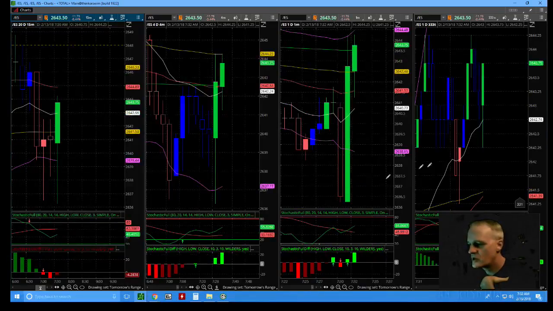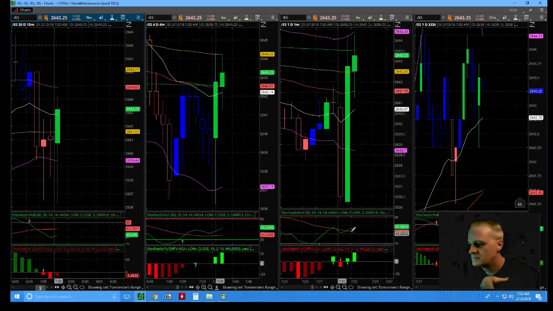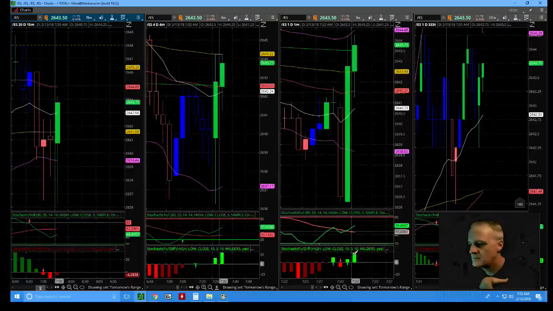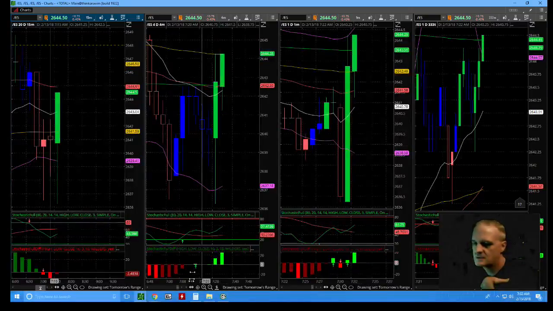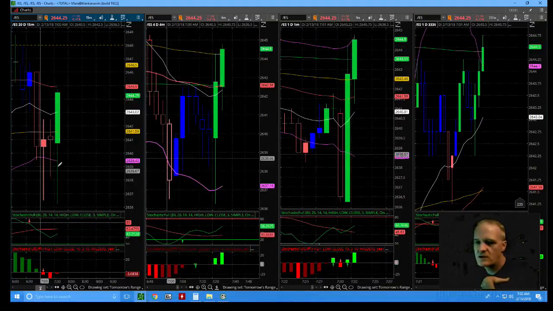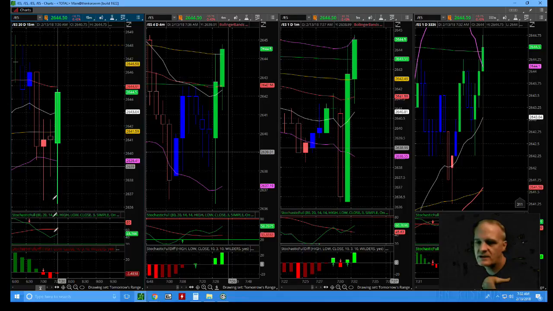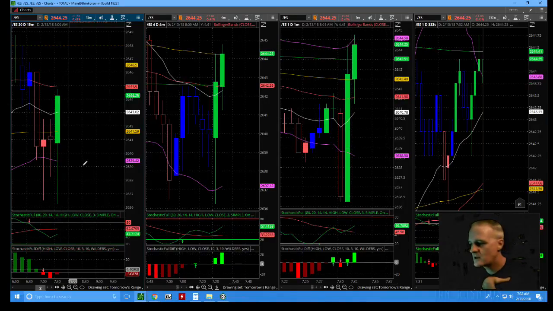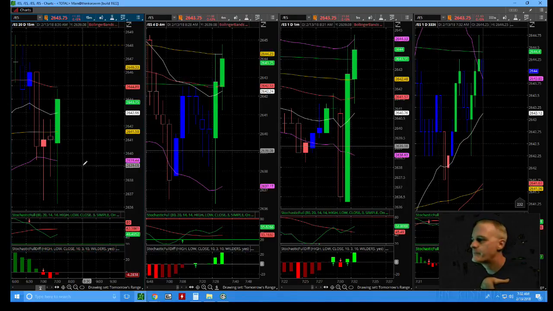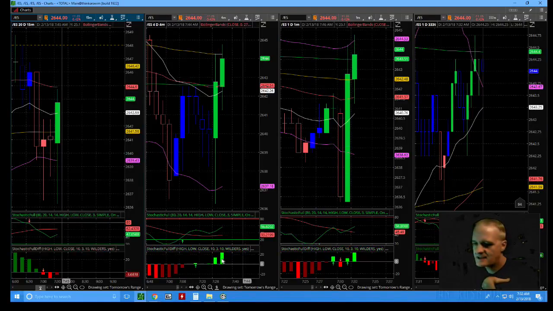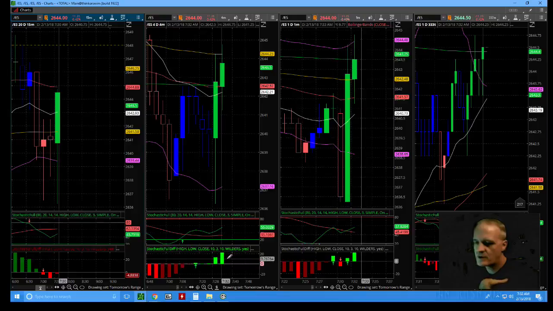So on a 1 minute chart, we've got bullish stochastics. The 4 minute chart as well. The 15 minute chart is moving to a bullish stochastic crossover. This is the stochastic histogram I'm pointing to right here.